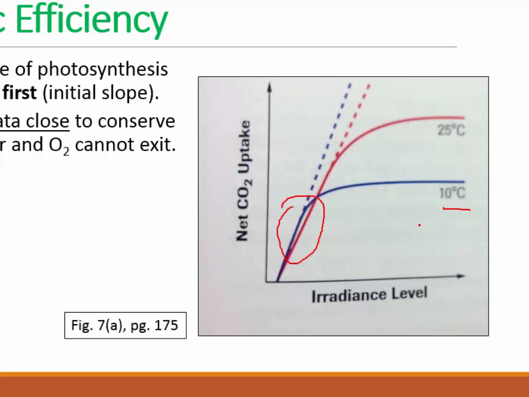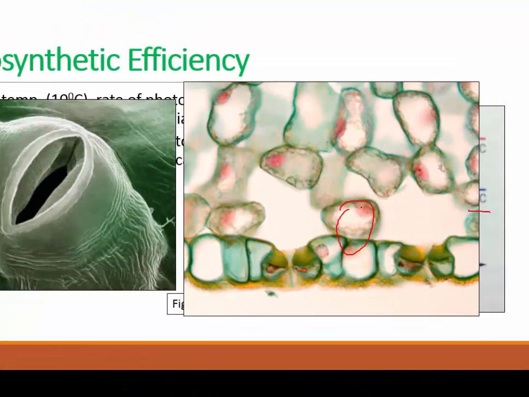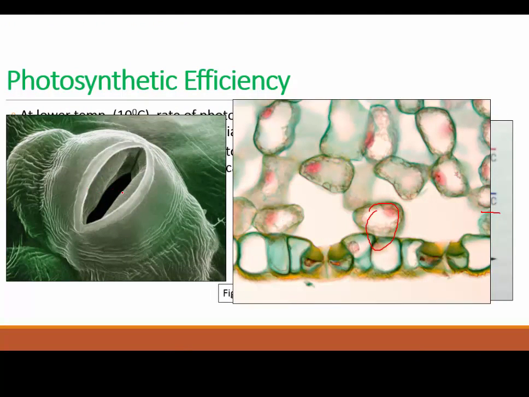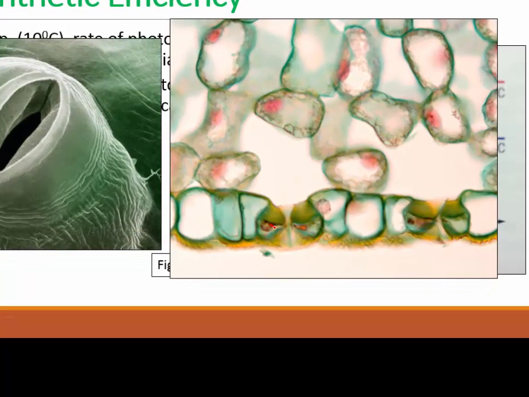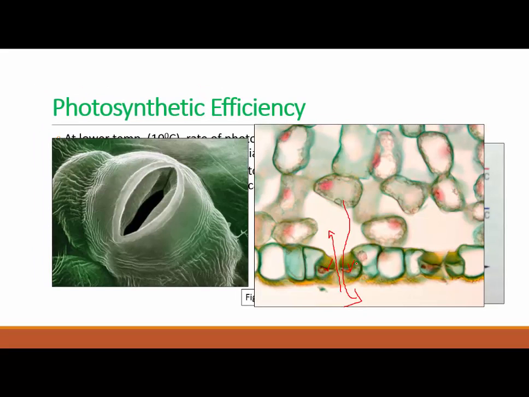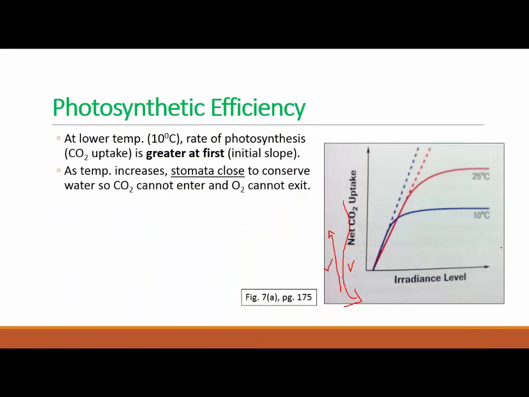Oxygen can get out, CO2 can get in, and so we get a good rate of photosynthesis because of those stomates. And here's the stomate. Here's a picture of the bottom of a leaf over here, and you can see the guard cells there, and there's the stoma. So that's where the CO2 would come in. Of course, the oxygen is being produced in the cells, and the oxygen needs to exit. And if you don't open these stomates, the oxygen can't get out.